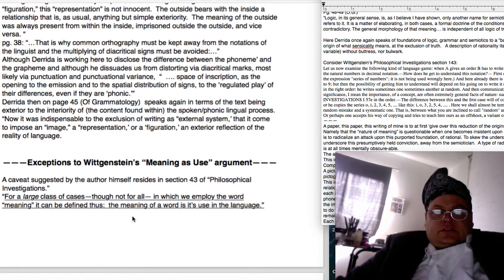Although Derrida is working here to disclose the difference between the phoneme and the grapheme, and although he dissuades us from distorting via diacritical marks, most likely via punctuation and punctuational variants, quote, "space of inscription as an opening to the emission and to the spatial distribution of signs, to the regulated play of their differences, even if they are phonic." Derrida on page 45 of Grammatology speaks again in terms of the text being exterior to the interiority of the content found within the spoken phonic lingual process.